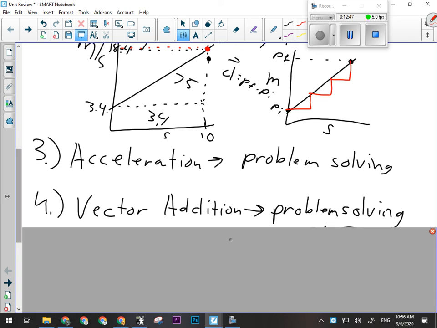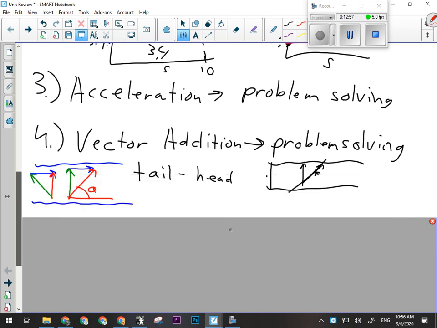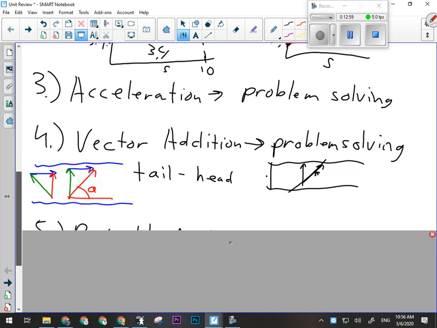We always draw them tail to head, things like that, just checking your understanding of how vectors work. Could there be a boat question? Yes. There's a boat question, and a tail to head question.